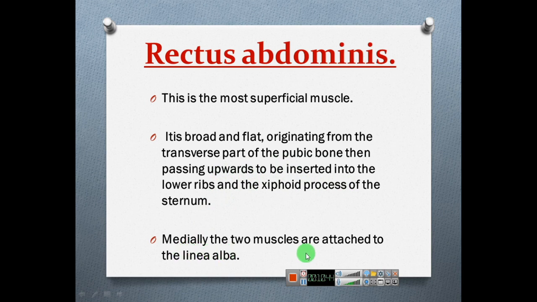Medially, the two muscles are attached to the linea alba.